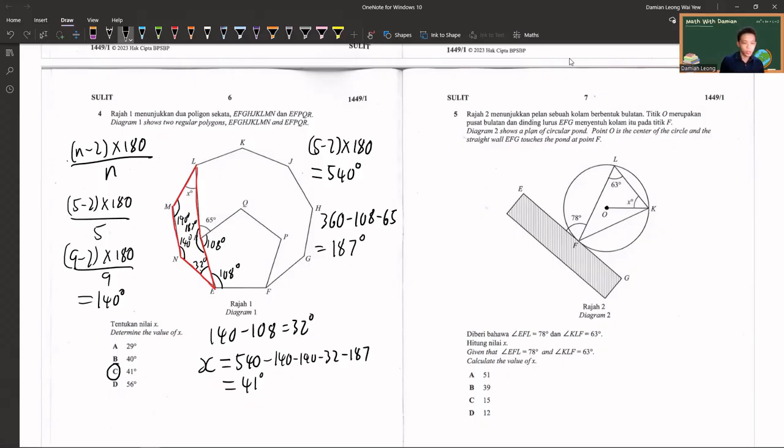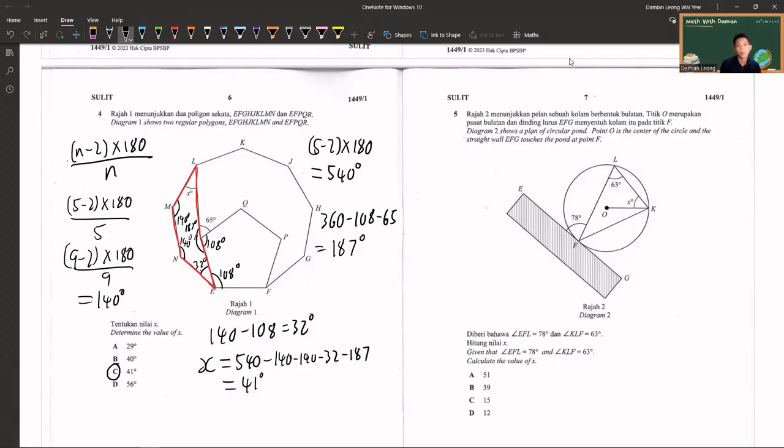So we need to use what we call angle in the alternate segment. Okay, sudut dalam tembereng selang-seli. So it's an angle formed by tangent, okay, and the chord.